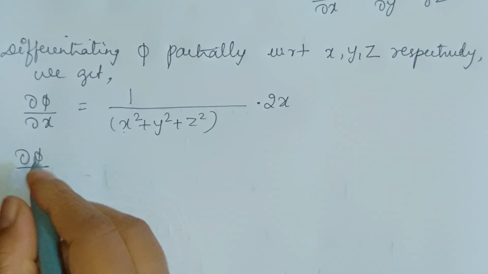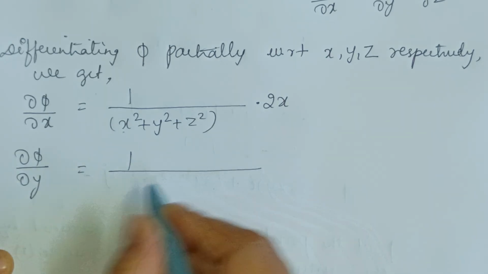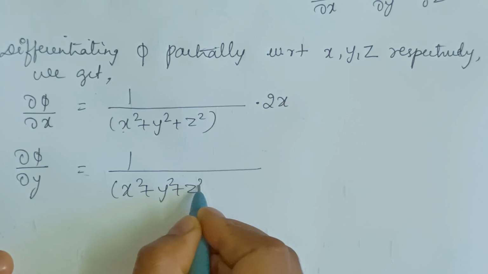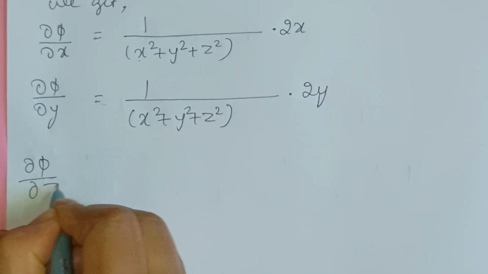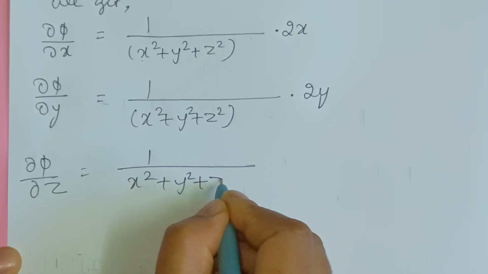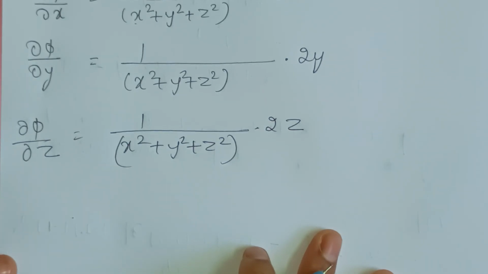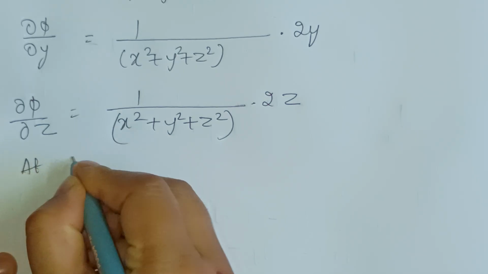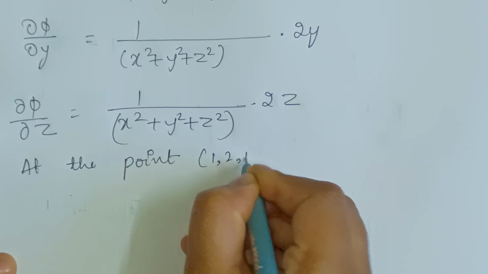Now dou phi by dou y equals, this is going to be the same, 1 divided by x square plus y square plus z square into 2y. Similarly, dou phi by dou z equals 1 divided by x square plus y square plus z square into 2z. Correct?